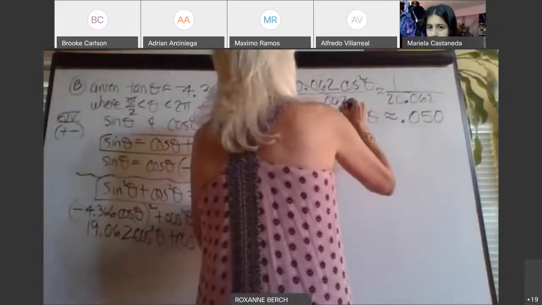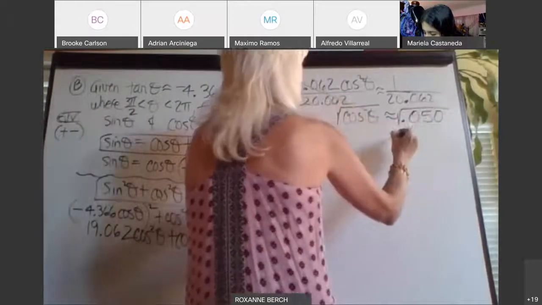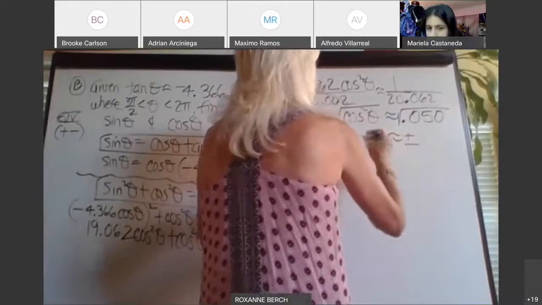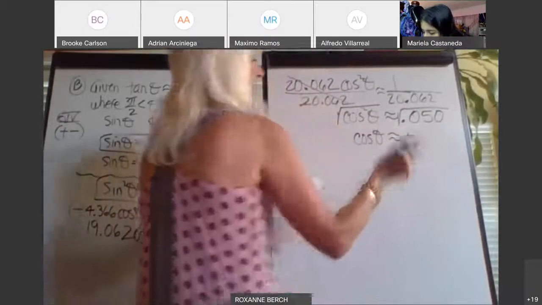And now we isolated the square, so take the square root of both sides. Don't forget plus or minus. So we found cosine. Well, not yet.